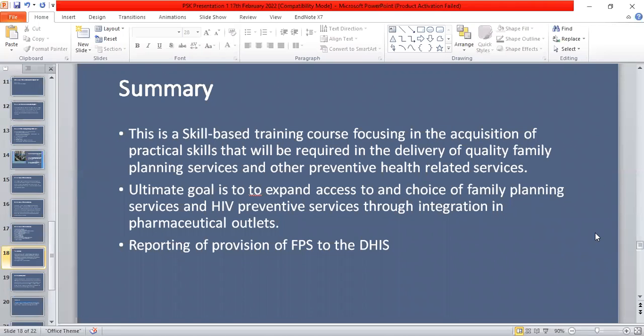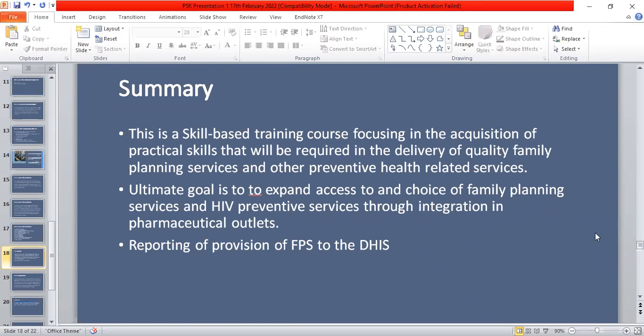Screening for HIV and other STIs, and being able to counsel and determine other problems or situations the clients might be facing. A typical example would be coercion or people who probably had unwanted pregnancies, and giving advice to them.